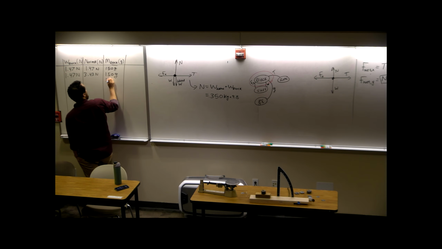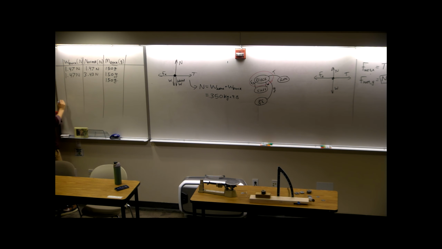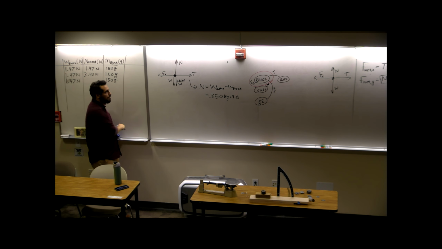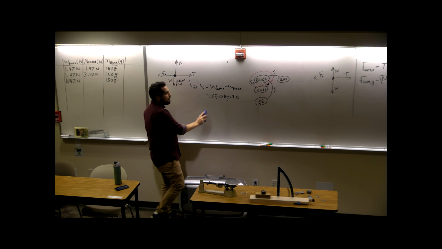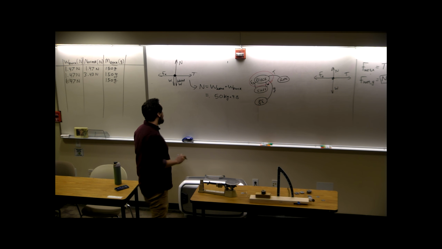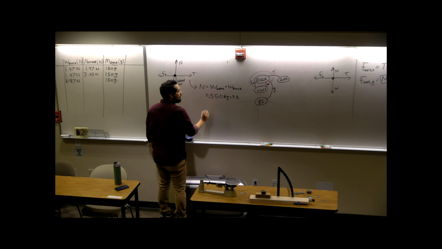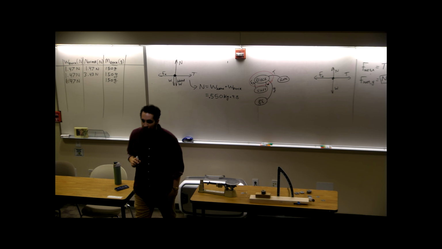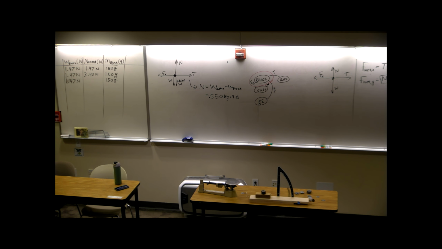The block still has a mass of 150 grams. The block still has a weight of 1.47 newtons. But we now have an added 400 grams, bringing our normal force to being 0.55 times 9.8. 0.55 times 9.8 gives you what? 5.39. 5.39 what?